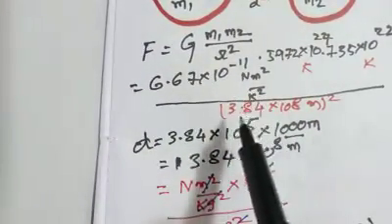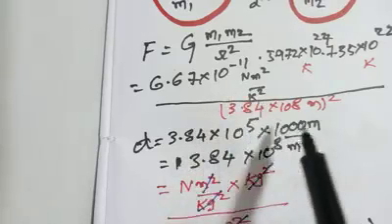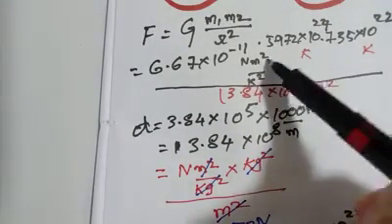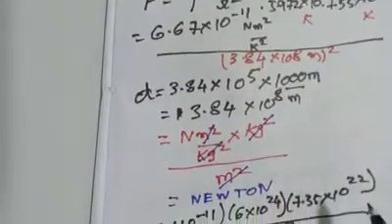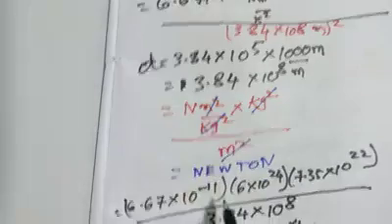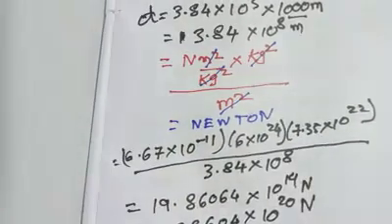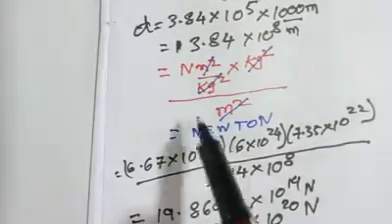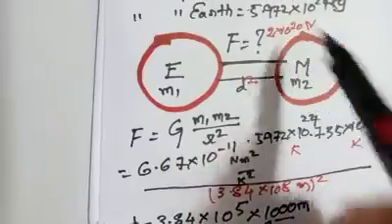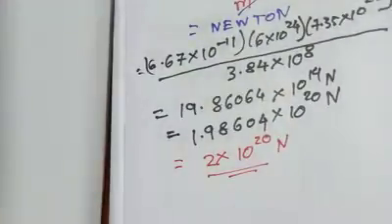Two important points: we converted the distance into meters, because it has to be in equal units. Newton meter squared per kilogram squared gets cancelled out, and we finally arrive at Newton, which is the value of the force. The force between earth and moon is 2 multiplied by 10 to the power 20 Newton.